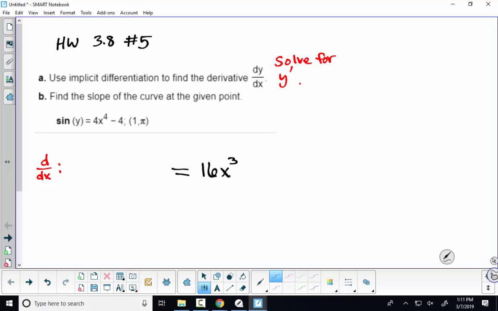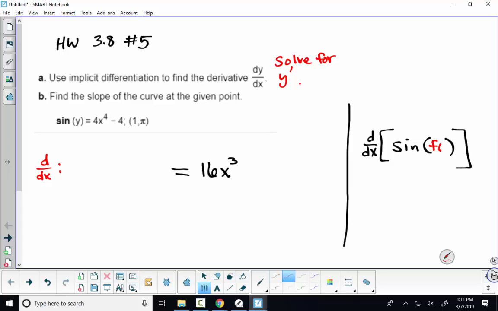What's the derivative of sine y? Not quite. Remember, this is the derivative of the sine of y, and y is some unknown function of x.